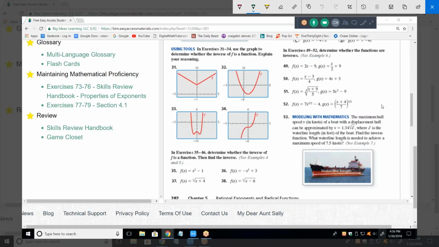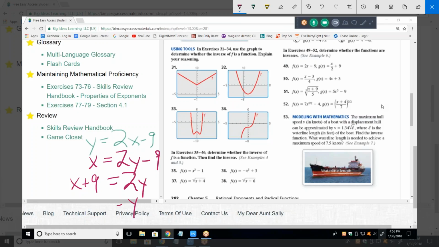Let's see. y equals 2x minus 9, which means x equals 2y minus 9, which means x plus 9 equals 2y, which means y equals x plus 9 halves. That's the inverse. That's not what we're looking at, is it? Yes, it is. That's the same thing as that.